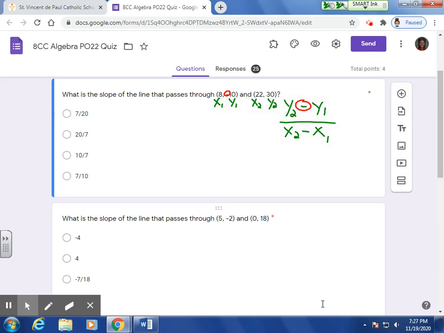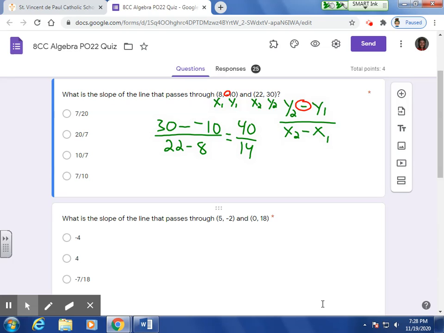So when you plug this in, y2 minus y1, it is going to be 30 minus -10, which ends up being 30 plus 10, right? And then x2 minus x1, 22 minus 8. That gives us 30 plus 10, 40, over 22 minus 8, which is 14.